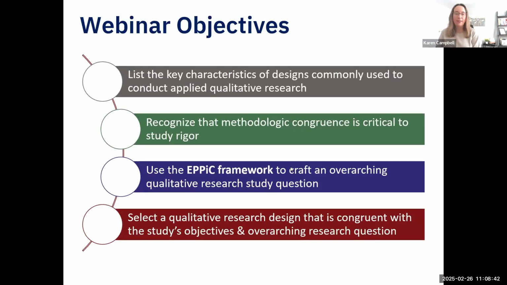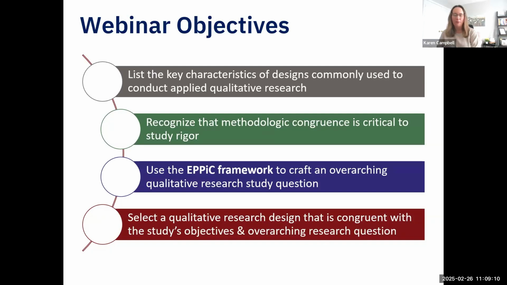So in the next hour, I'd like to talk about some of the key characteristics of these designs that are used in applied research, and then talk a little bit about the importance of congruence. This is something that's really important to me, and so I'd like to share some of those ideas with you, as well as a framework that our team has developed.